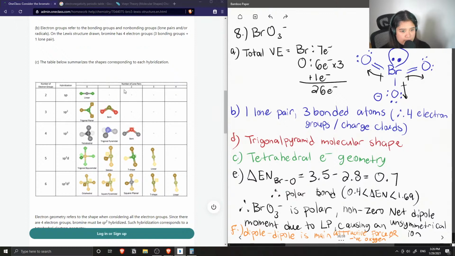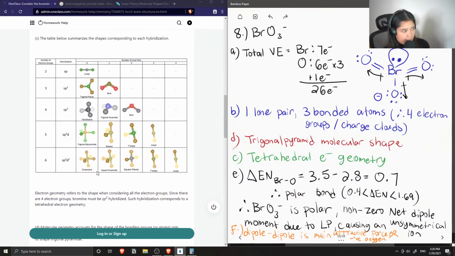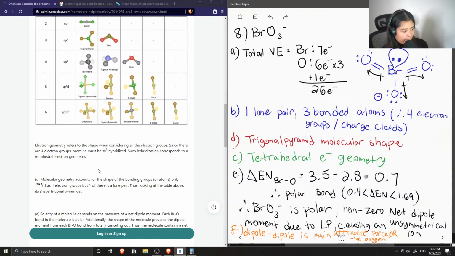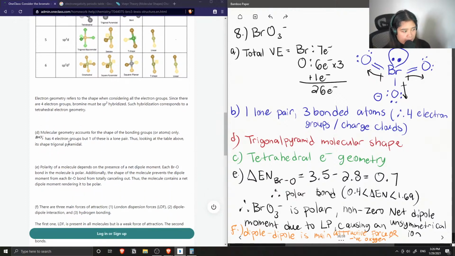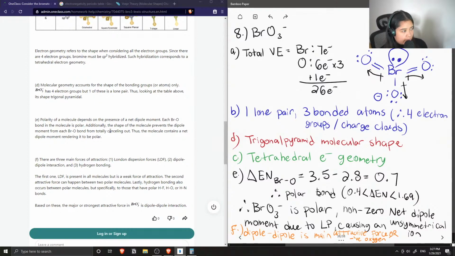So here, since we have the 1 lone pair and we have 4 electron groups, this is a trigonal pyramid molecular shape. And the electron geometry is tetrahedral. For part D, yep, they said trigonal pyramid.